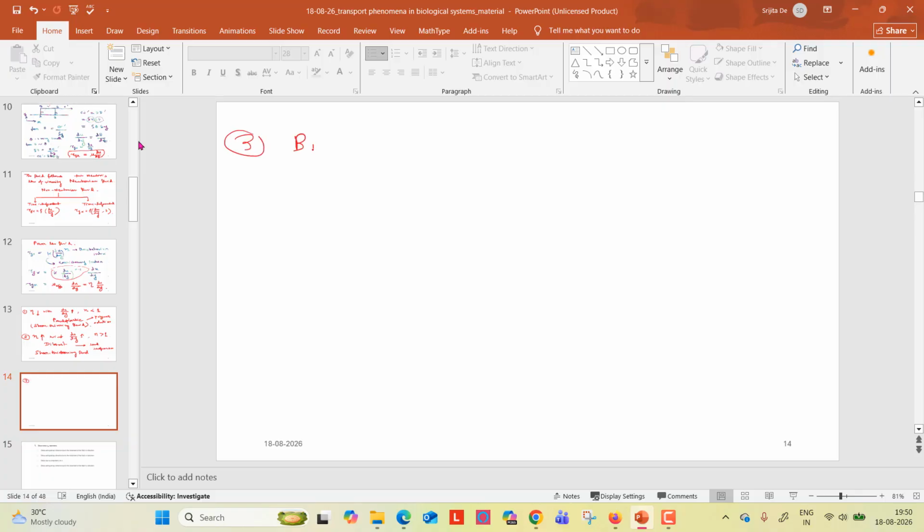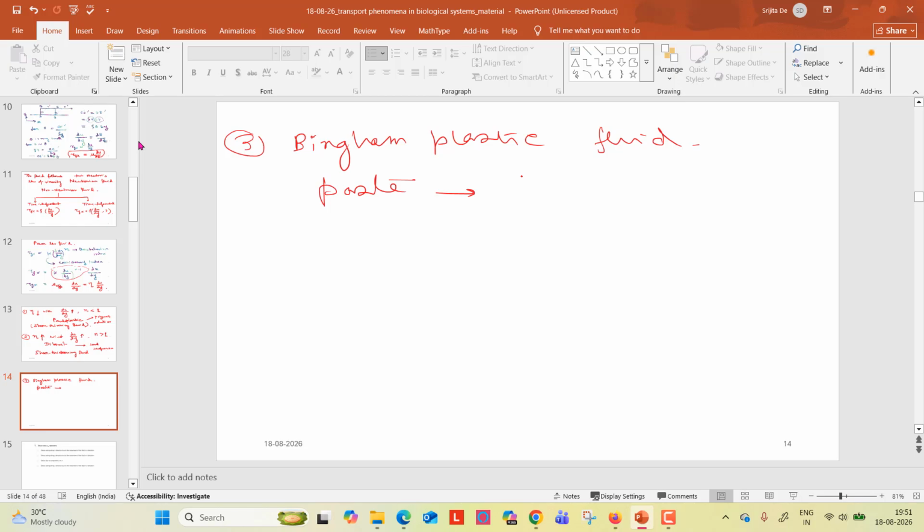is the Bingham plastic fluid. We have seen that it has to be given some sort of stress, and after that it will behave like a Newtonian fluid. The example is paste. You have seen in everyday life, if you hold your paste tube upside down, it will not automatically come out. You have to give some pressure, then only it comes out, right?